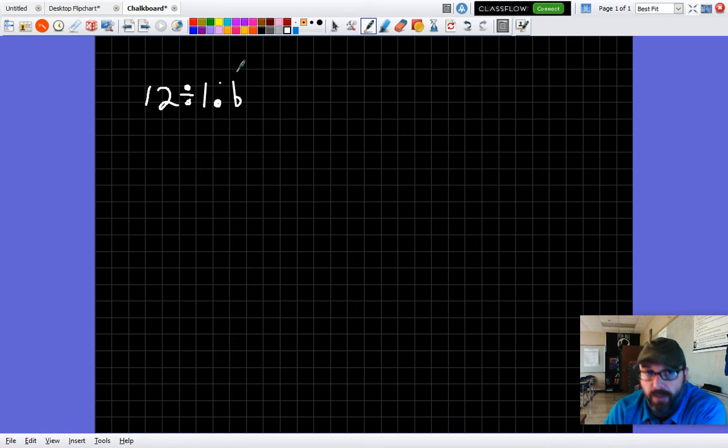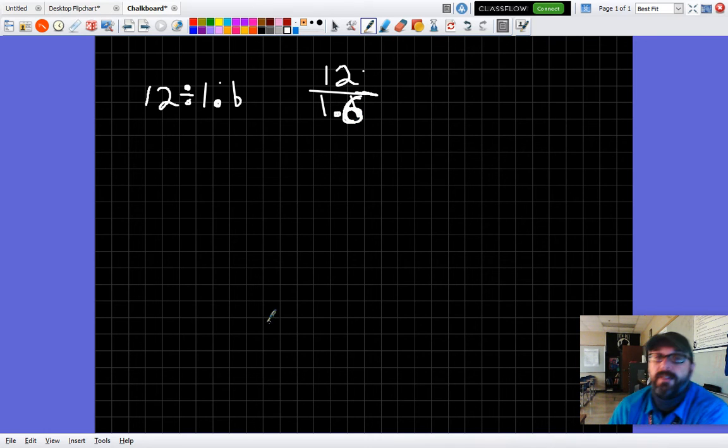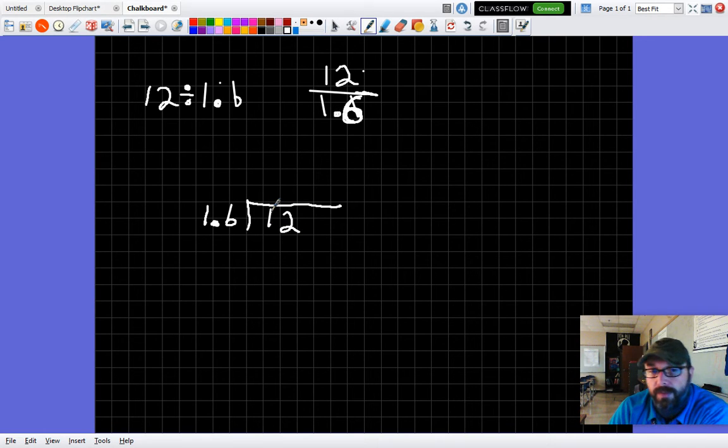Now I've got to remember that this is going into, and I can rewrite it as a fraction because I read my fractions down. 12 divided by 1.6, and that's a very bad 6. Which helps me realize that the 1.6 is going to go on the outside. It goes into 12.